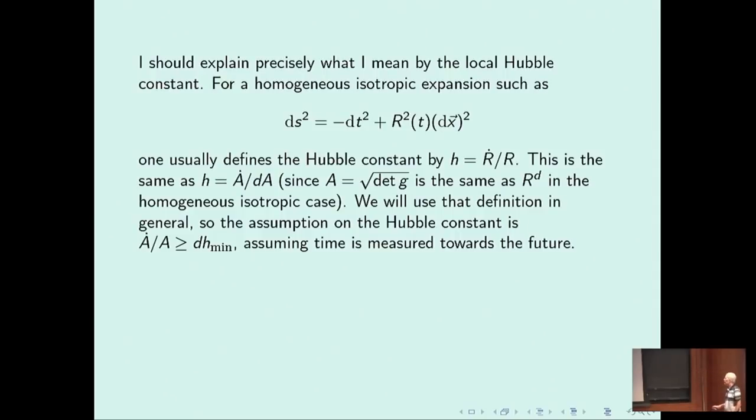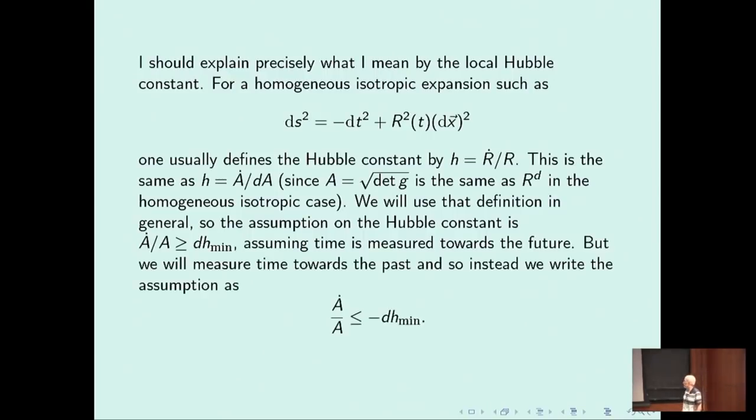So this is the definition we'll use for the local Hubble constant. Our assumption is that a dot over a is equal to or bigger than the spatial dimension d times h min, assuming time is measured toward the future. But we're going to measure time toward the past, looking back toward the Big Bang. So we'll write the hypothesis as a dot over a being less than minus d times h min.